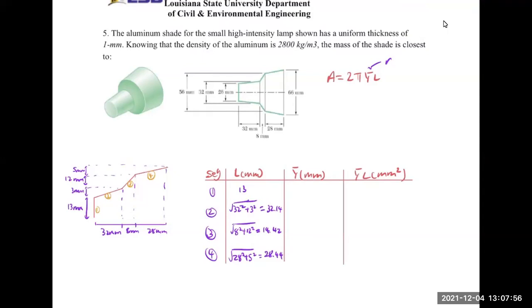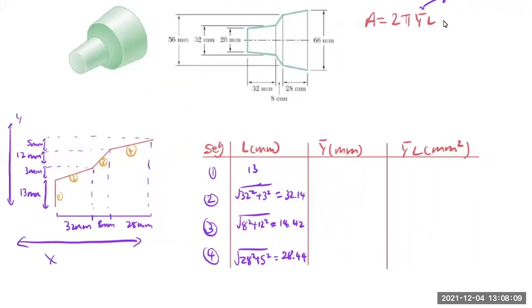And then the y bar. So this is the y-axis and this one is the x-axis. We know that the y bar is basically perpendicular to the x-axis. For segment 1, the y bar would be right here, which is half of 13 millimeter.